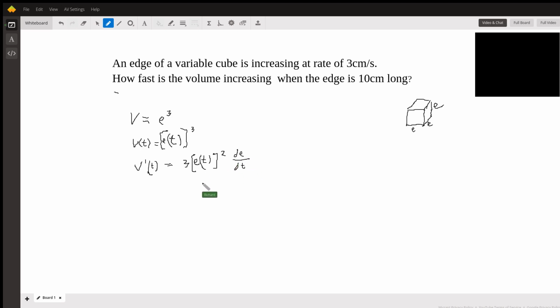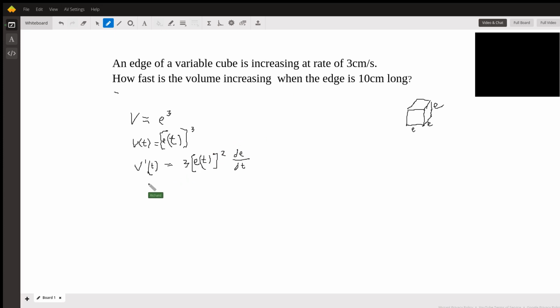So now we're ready to fill this in. So let's start filling it in. We want to know how fast the volume is increasing. The edge is 10 centimeters long.